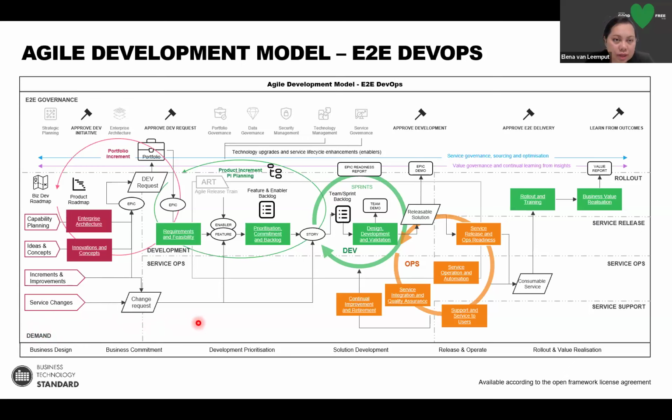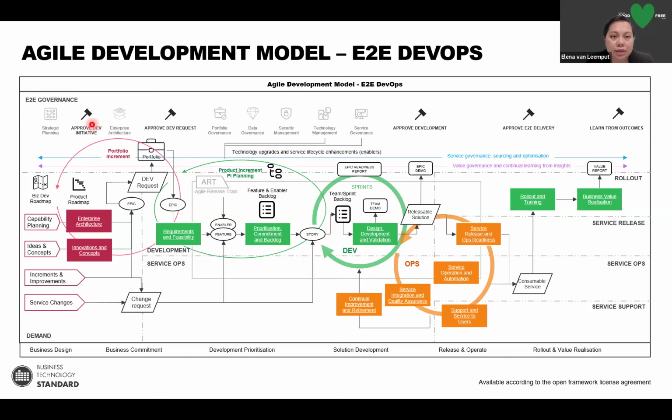So let me just pick up the canvas. Here you can see it's grayed out, these gray boxes. So you have here the demand, then you have the development area up here, and then you can see these namings here: rollout, service release, service ops, and so on. So those are the different areas behind the picture that we call the canvas.